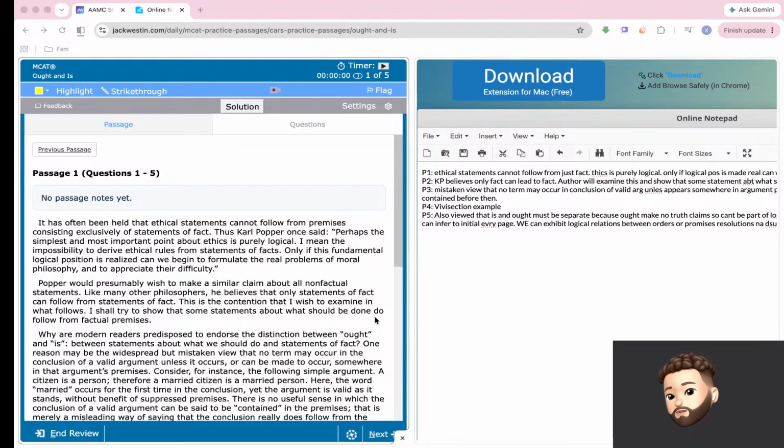Let me see. I'm literally on Anki right now. I'm trying to see why isn't it changing? I don't know why it's not changing it.